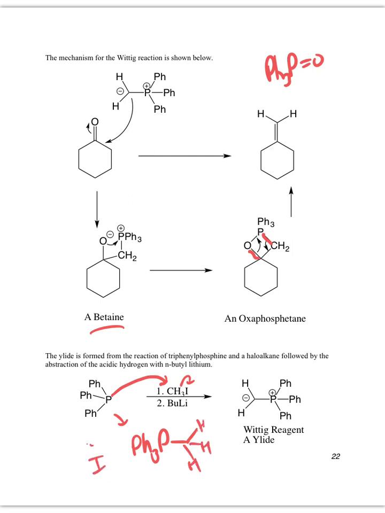This with an I minus, this gives us the phosphorus with a positive charge, and then the n-butyllithium, or whatever butyllithium we use, n-, sec-, iso-, pulls off a hydrogen off of the carbon attached to the phosphorus, giving us the ylide, the negative on the carbon and positive on the phosphorus, and we can draw the resonance structure of that, sending the electrons down to form a double bond.